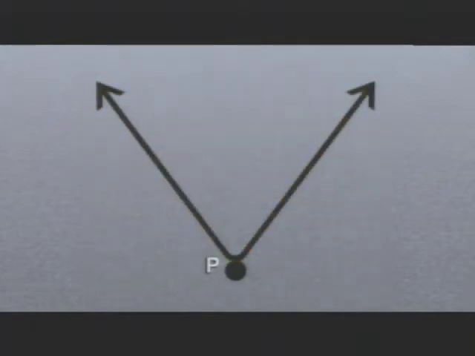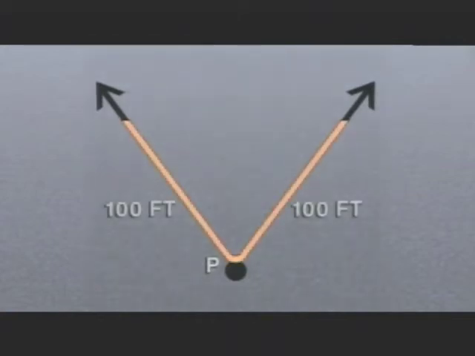One way to determine the approximate bisect tension is to begin by measuring a distance of 100 feet in line each way from the corner pole. 100 feet is a constant that has been worked out mathematically for determining bisect tension.